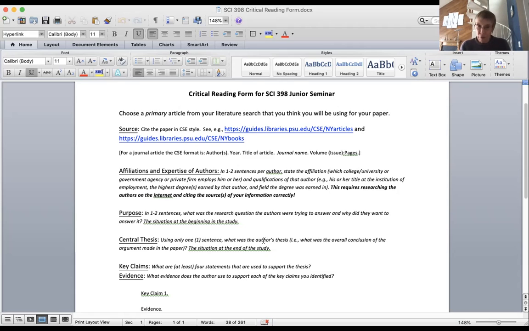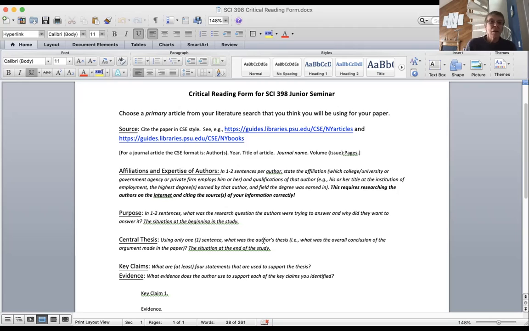You need to pick out the purpose, which is what are they trying to find out using this investigation? What's the research question? What are they interested in? And as it says, that's the situation at the beginning of the study. Before they do any work, what's known and what are they trying to investigate?